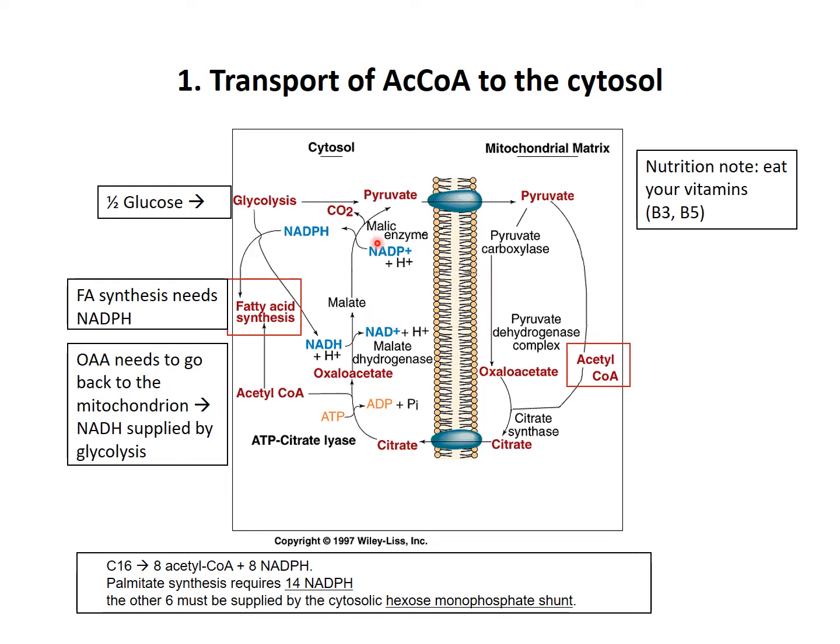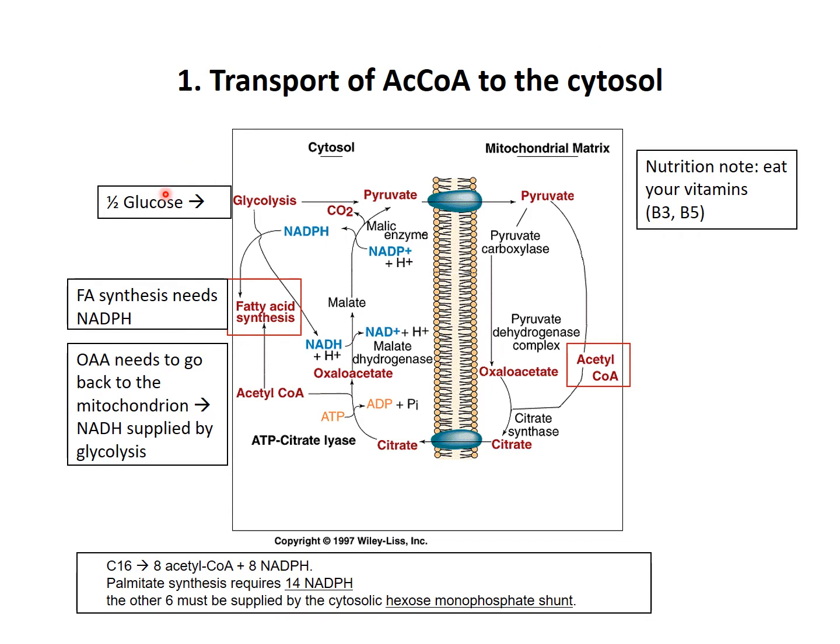Now, so we have the pyruvate, we have now acetyl coenzyme A here, and then we can feed this into the fatty acid synthetic system. I would like you to more or less remember this figure because it contains a lot of important things.